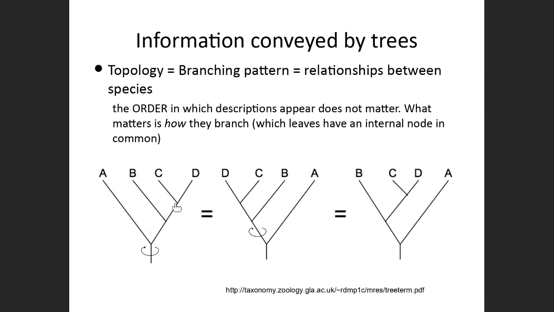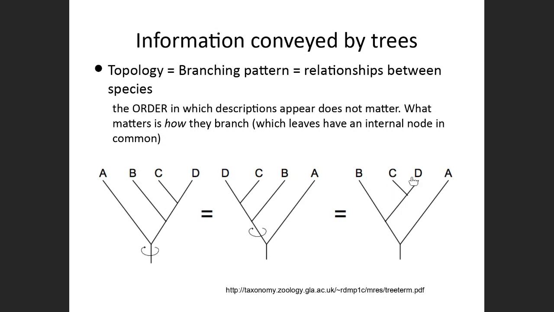So this tree here has the same topology as this. Even though they are presented differently, they have the same topology, even though they don't look the same, because they demonstrate the same relationships between the entities. They are the same tree.